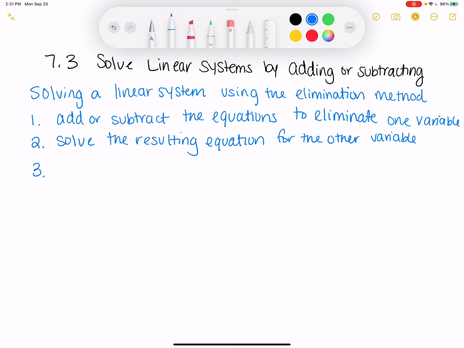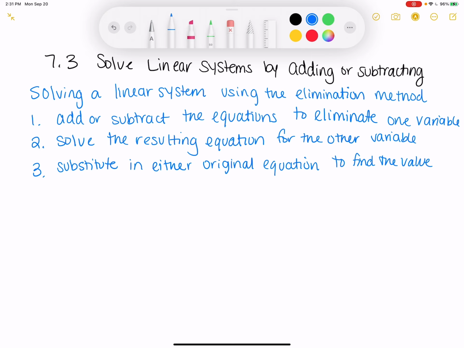And step 3, substitute in either original equation to find the value of the eliminated variable.